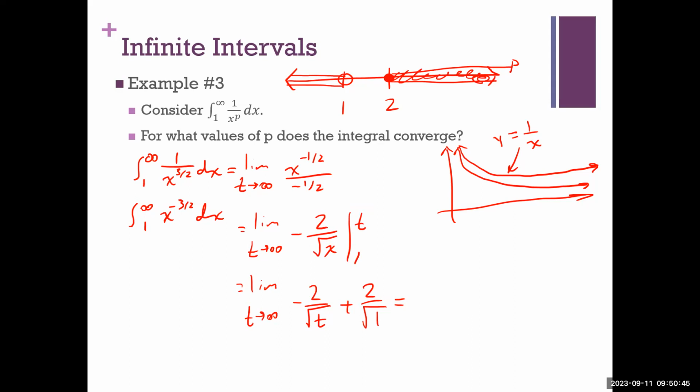What happens to -2 over radical t as t goes to infinity? It goes to 0, right? So this area comes out to be 2. So now I know that it converges at 1.5. What about like 1.1? What's going to happen there, you think?